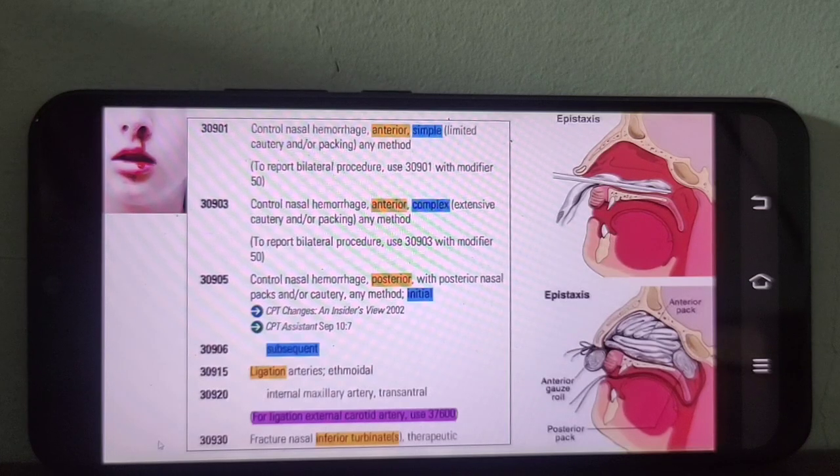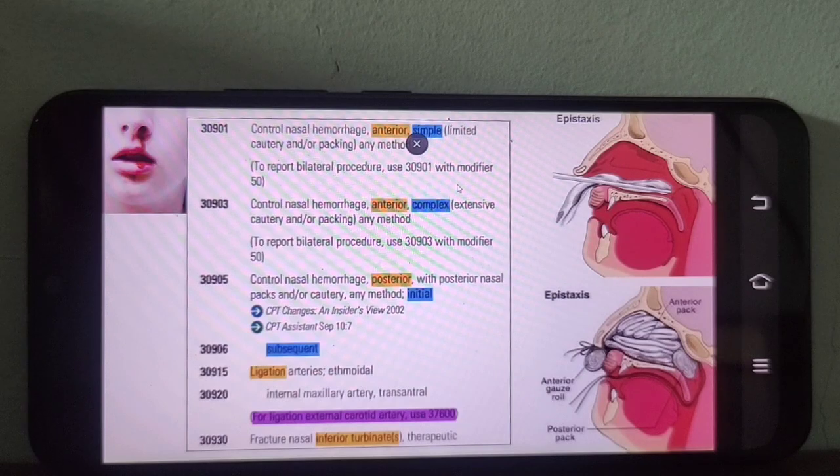In anterior epistaxis there are two classifications, simple and complex. If the doctor uses limited cautery or packing, that is simple epistaxis. Extensive cautery or packing means that is complex.